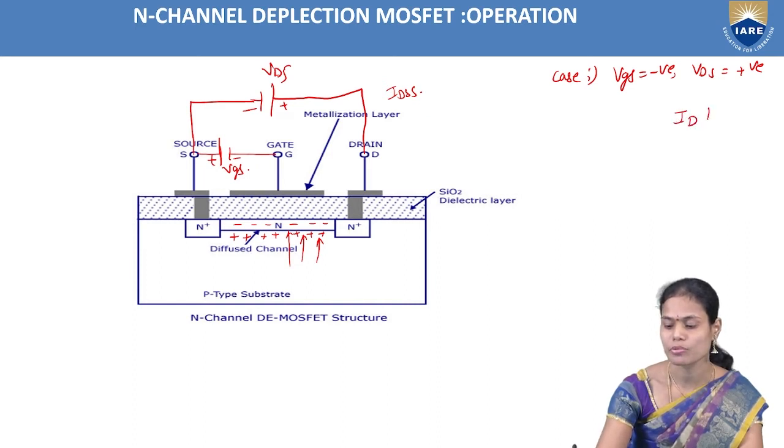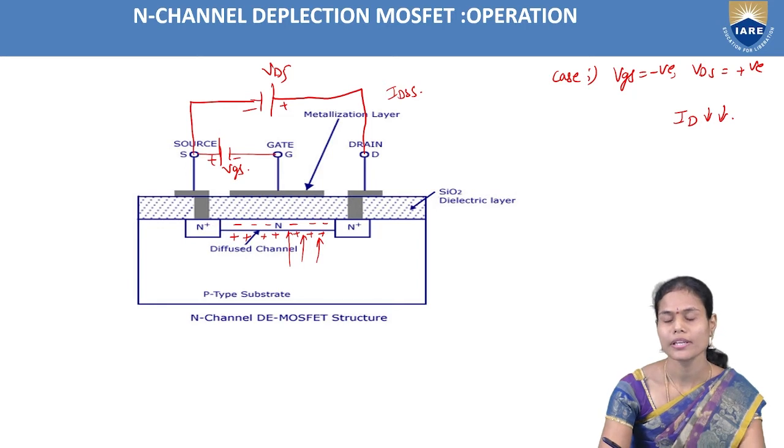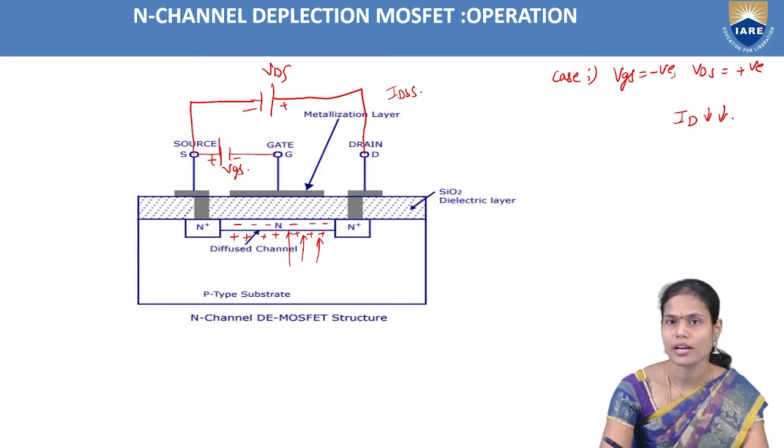The more the gate to source voltage is increased, the more charge carriers combine with the charge carriers present in the N channel. Because of that recombination process, the drain current flowing from drain to source decreases. So in this condition, the current is decreasing.